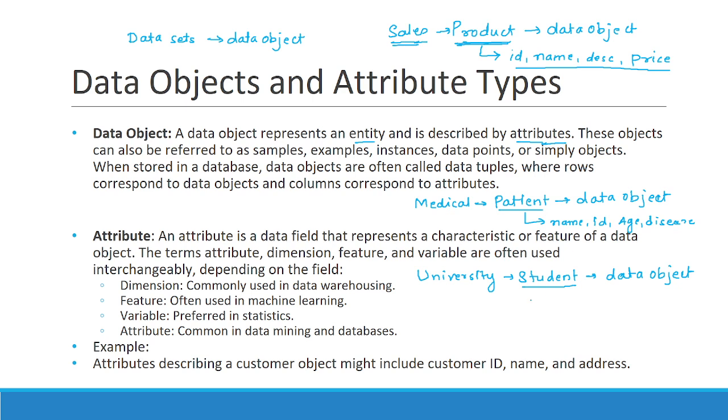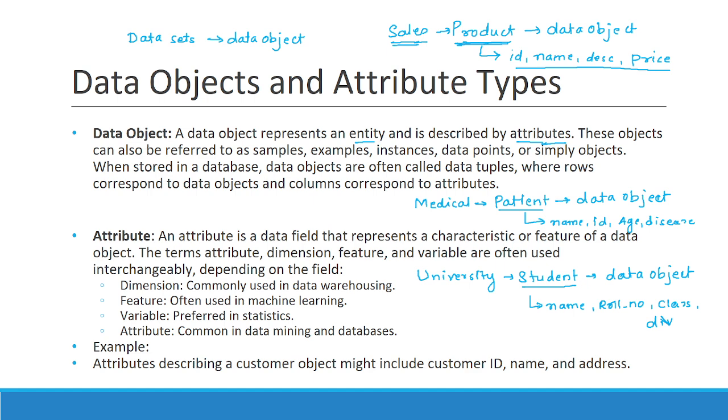And this student can be described by multiple attributes like name, roll number, ID, home, then class, division, residence address, etc. Right? Got it? So in any data set, that data set is made up of data objects, and this data object represents an entity, and that entity is described by attributes.